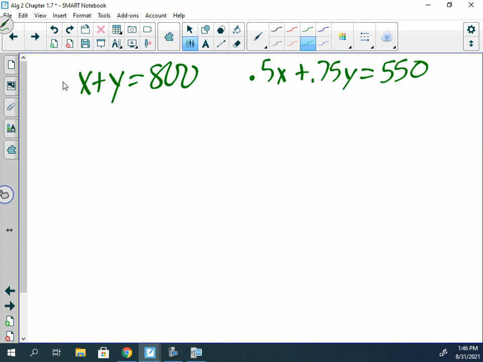If it's a digital copy and they just give you scrap paper, I might jot down somewhere X small, Y large, just so I know which one it is and I don't have to delve back into the problem once I finish solving to look back and say, okay, 0.5, which one's 0.5? I'd rather have it written down so I can grab it a little bit quicker than having to delve back into the problem.